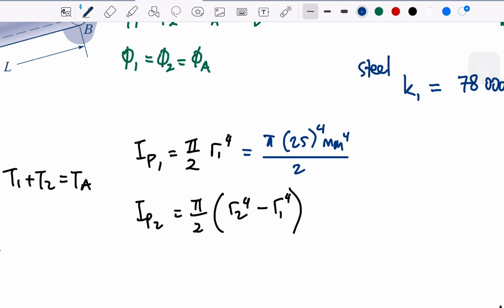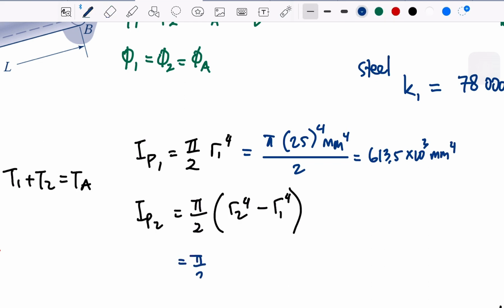So it's supposed to be 600,000, which equals 613.5 millimeter to the power 4.